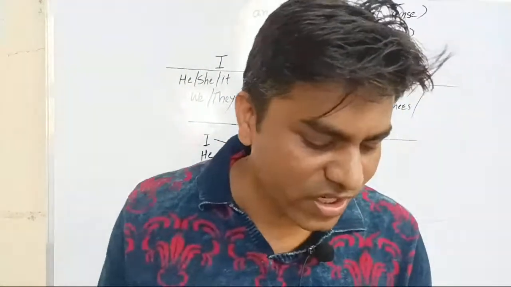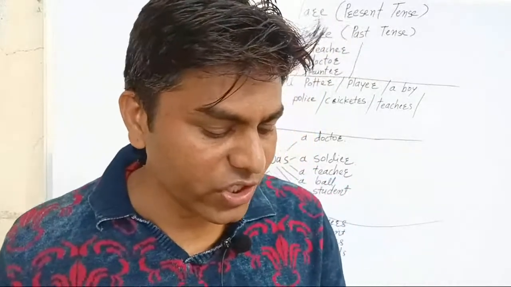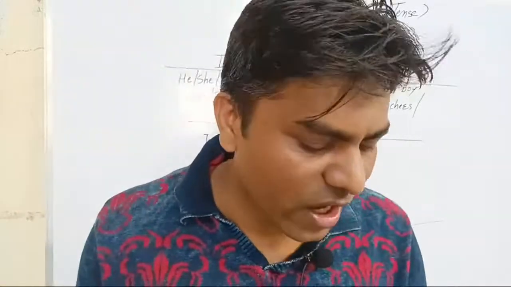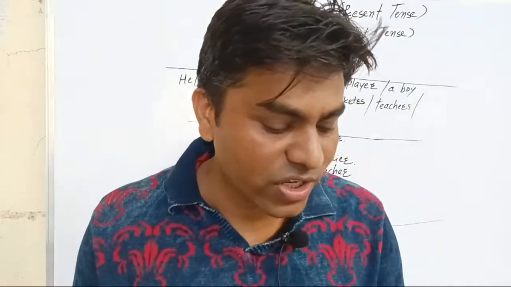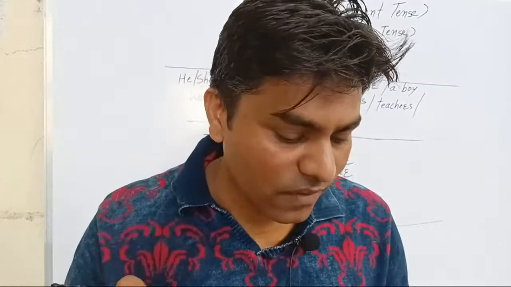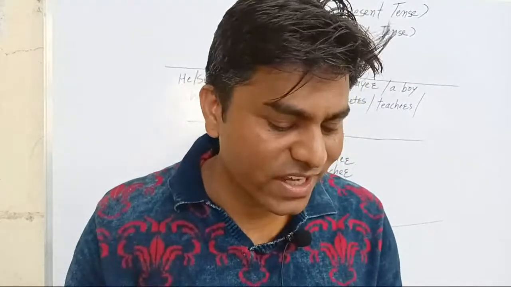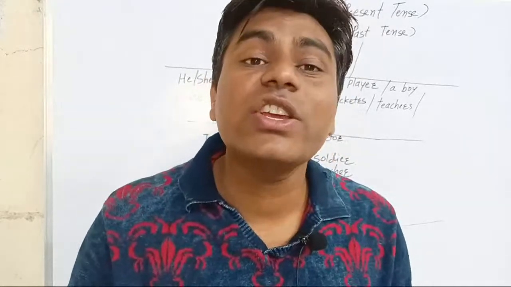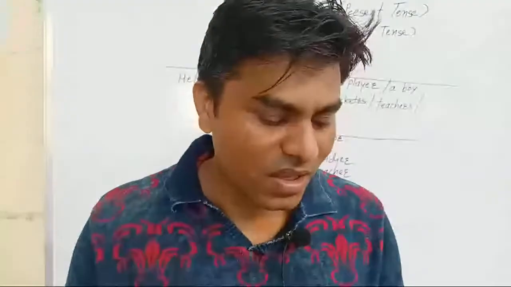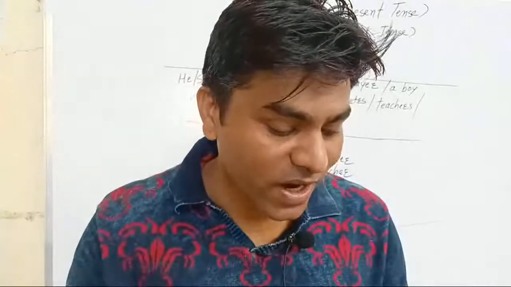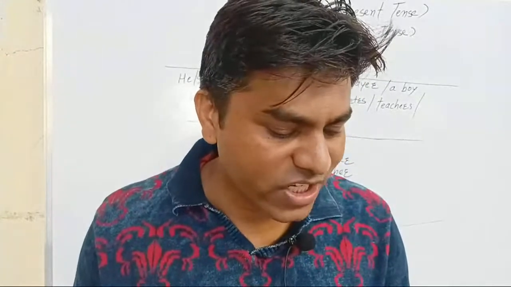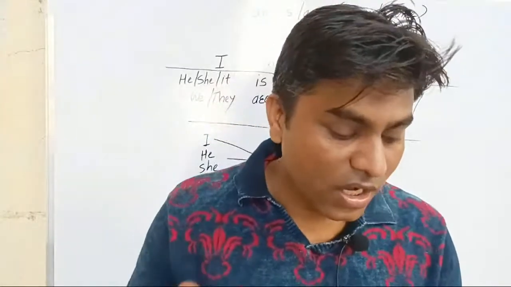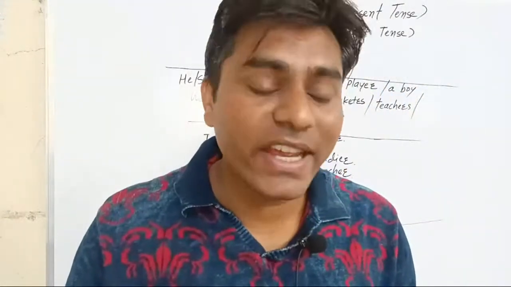Afshin has written, I was not a teacher. Good. He was not YouTube channel. It is wrong, Amit. He was not YouTube channel. It is wrong. Amit, you please correct your sentence. If you want to write, then you can write like this. He was not YouTuber. He was not YouTuber. Adarsh has written, we were not a teacher. Good, correct. We were not a teacher.